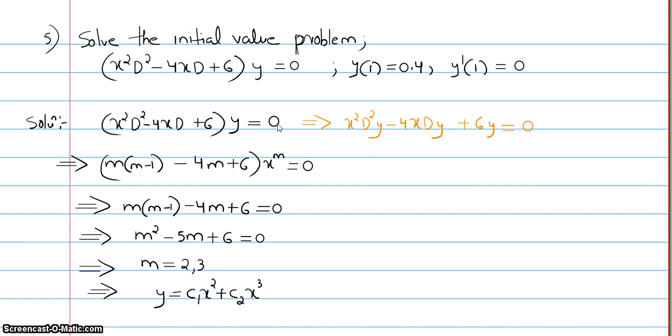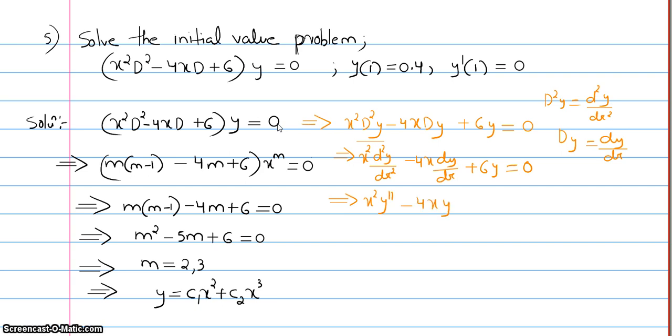Here d square y means d square y by dx square, and dy means dy by dx. So this can be written as x square d square y by dx square minus 4x into dy by dx plus 6y equal to 0. That is x square y double dash minus 4x into y dash plus 6y equal to 0.